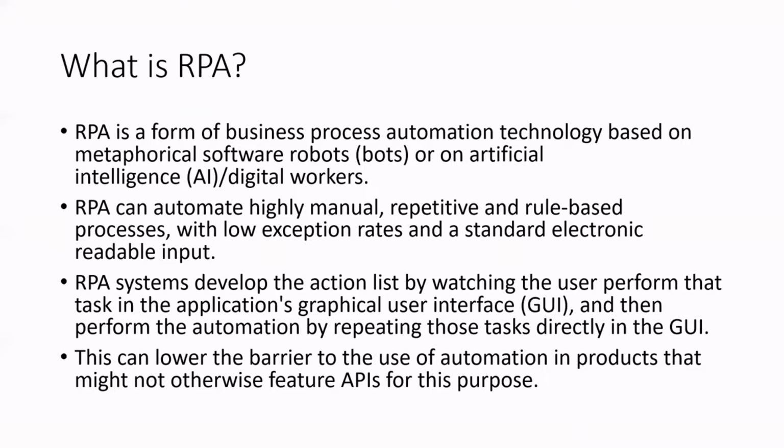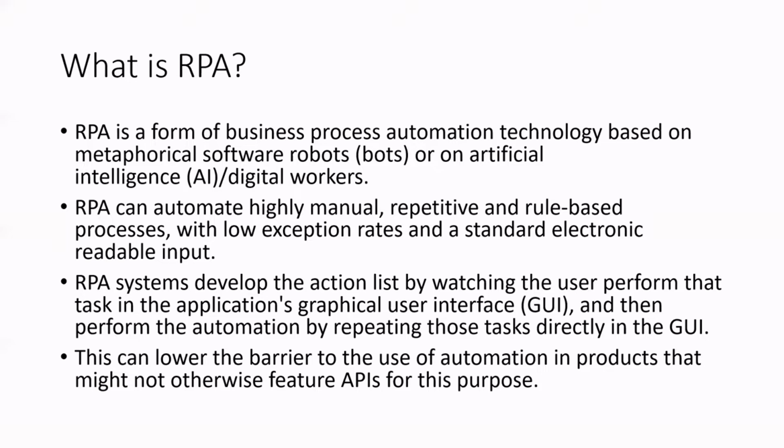RPA can automate highly manual, repetitive and rule based processes. So if we have a task which is repetitive, which we do on a daily or regular basis, and that task is rule based, then we can automate that task by using RPA.